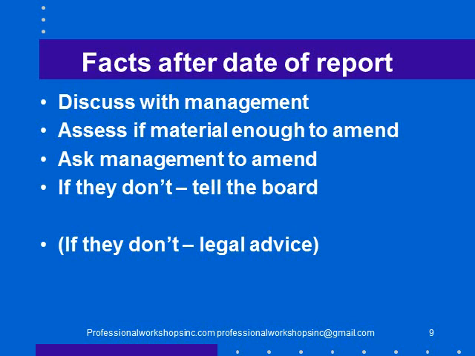You would ask management to amend it, and if management doesn't, you would then ask the board to amend it. And if the board then chooses not to issue amended financial statements when the auditor thinks they should, I guess the phrase is seek legal advice, but that's code words for consider resigning, because you no longer trust management and the board to do the right thing, and of course they should do the right thing.